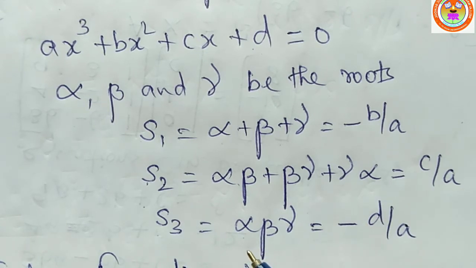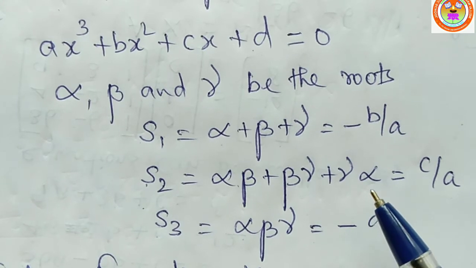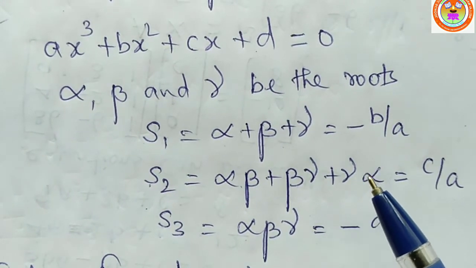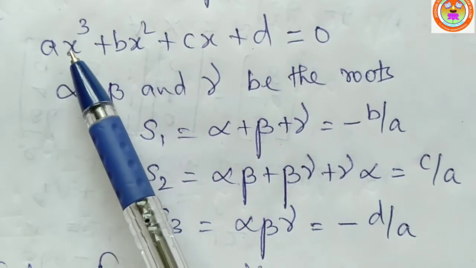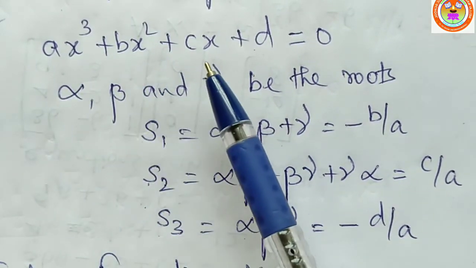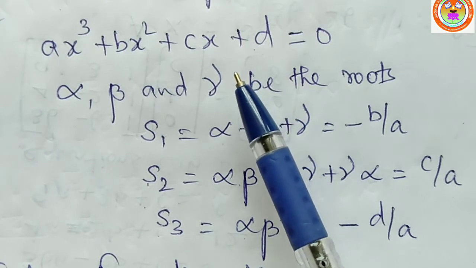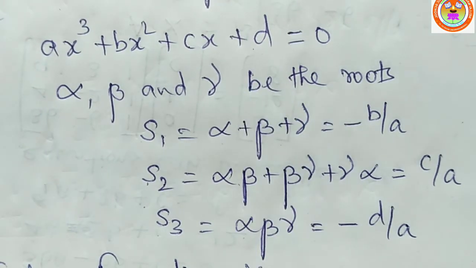The product alpha beta gamma is minus d by a, where a, b, c and d are the coefficients of x cube, x square, x and the constant term respectively. Now come to our question.